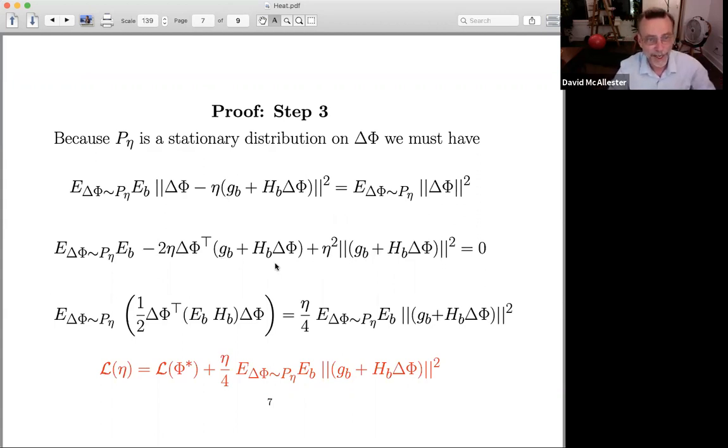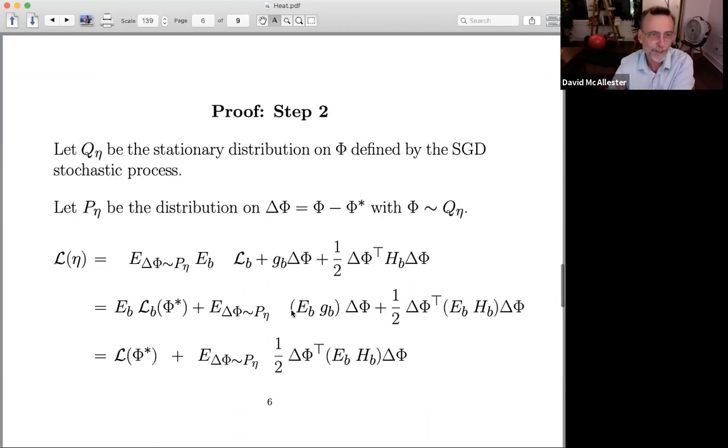Now I can take this expression and just rewrite it, right? I divide by eta, and this expression equals 0 gives me this equation. And the reason I've written it this way, I've also divided by 4. The reason is that if you look at the previous slide, this term is expressing the change in the loss function.